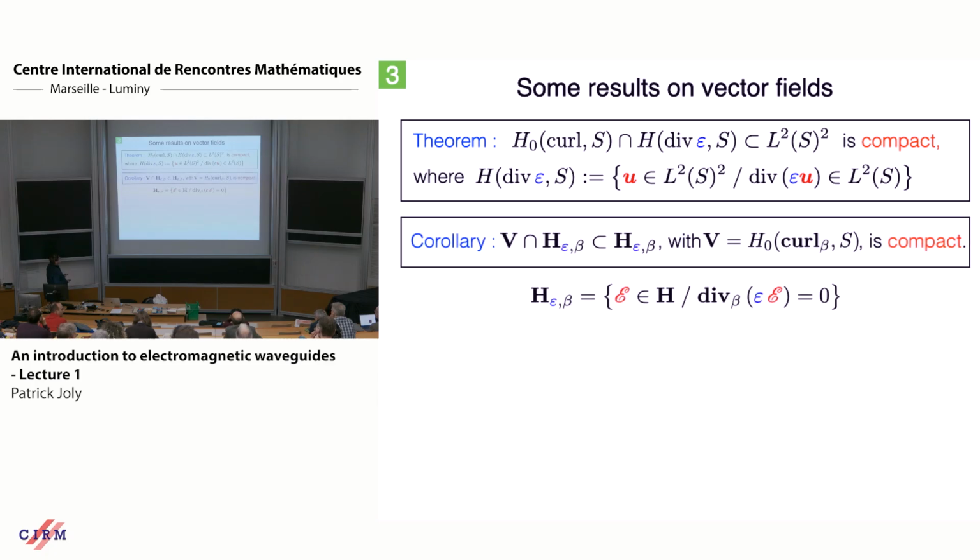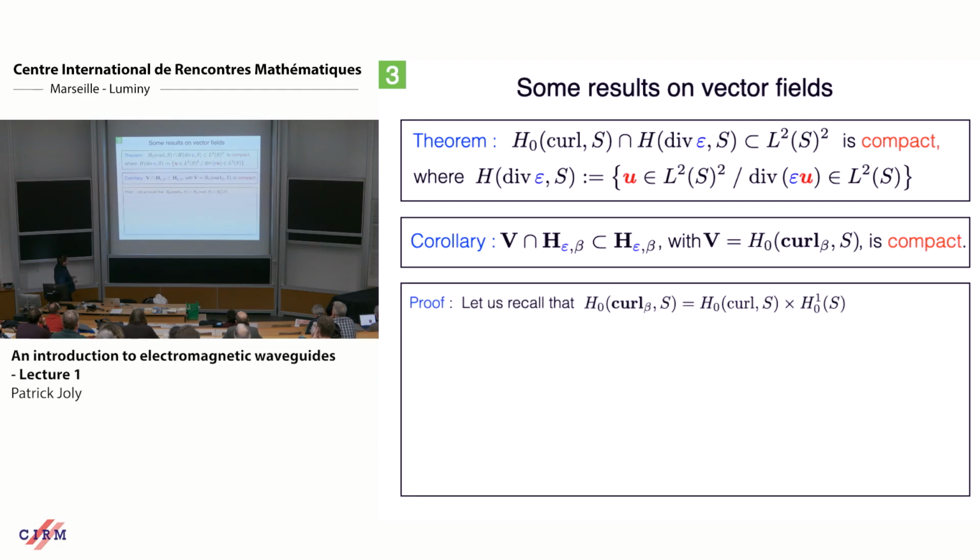As a consequence of this 2D compactness result, I claim that the intersection of the space H0 curl with the space of divergence beta equals 0 is also compact, and it remains very simple.